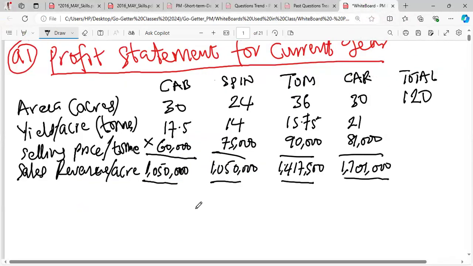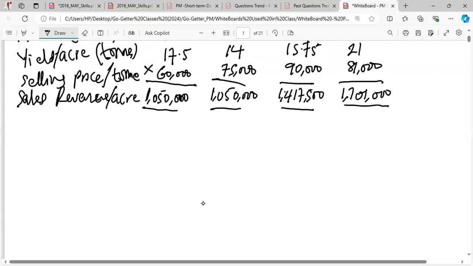So we've got revenue per acre, which we will compare with variable cost per acre. It's as good as saying sales per unit. So the acre is like per unit.